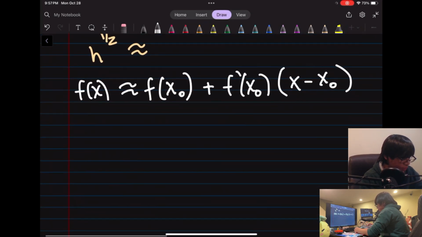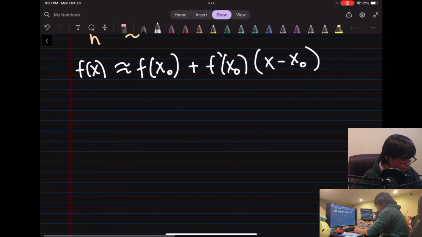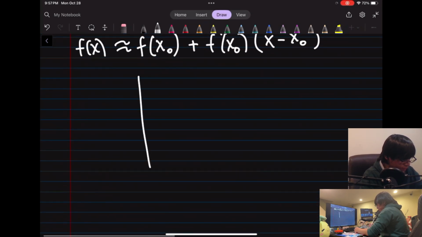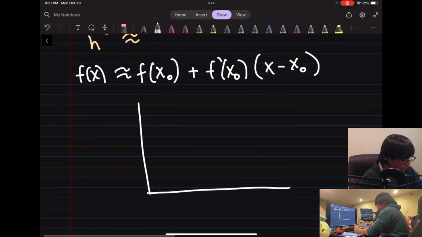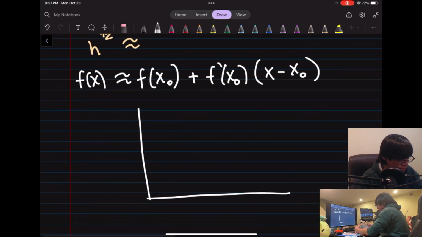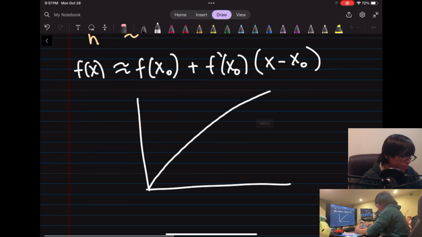So we'll do something similar. I guess I'll just draw this out. If our function is h to the 1/2, that's a root power, so it looks something like that, where it's growing slowly, but the slope doesn't end up becoming 0.